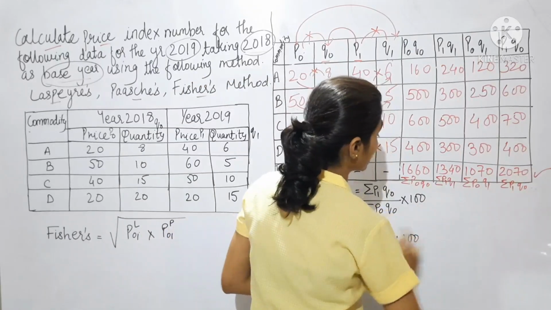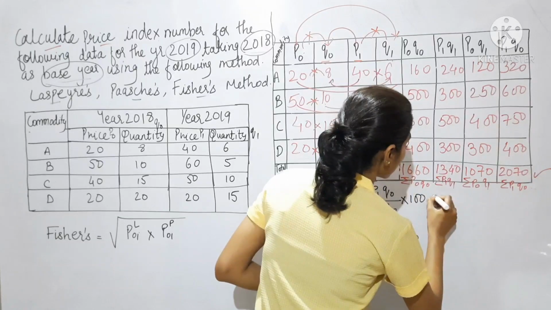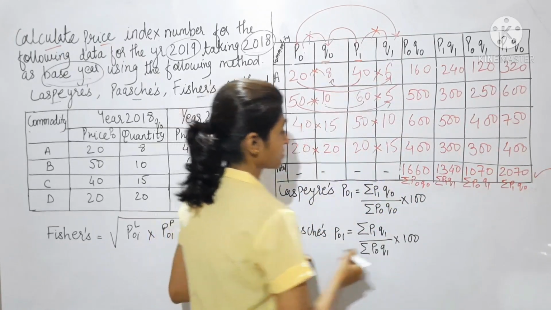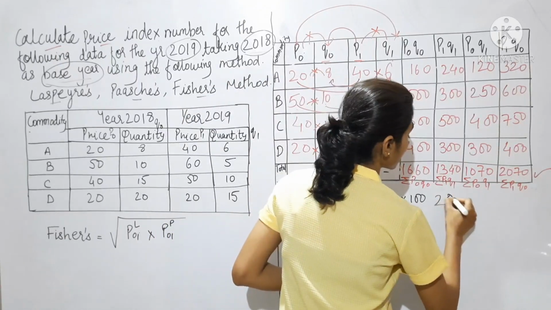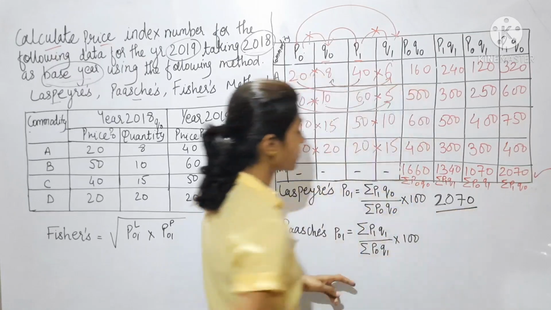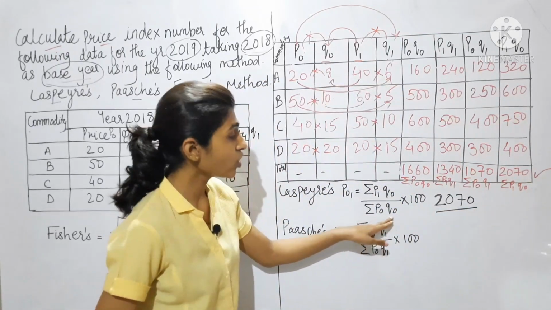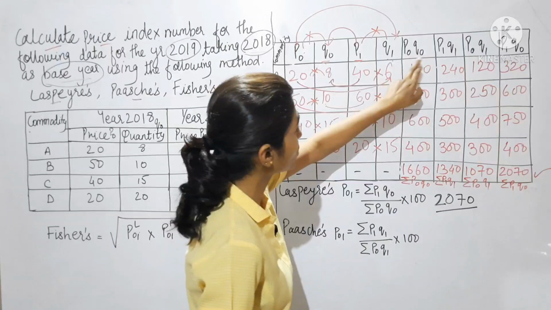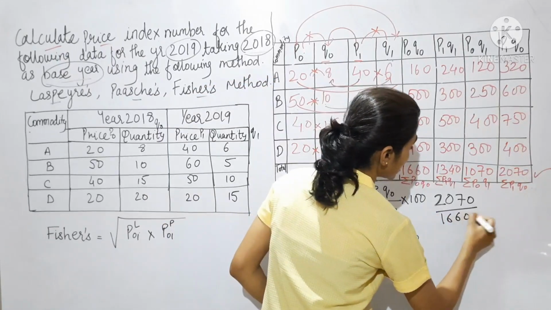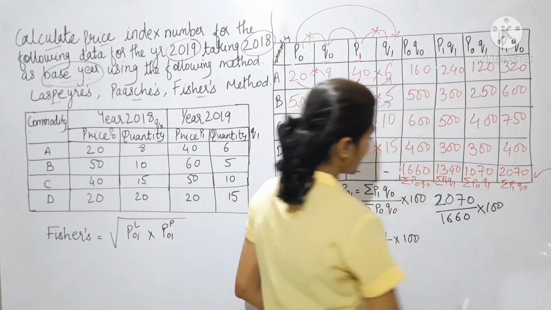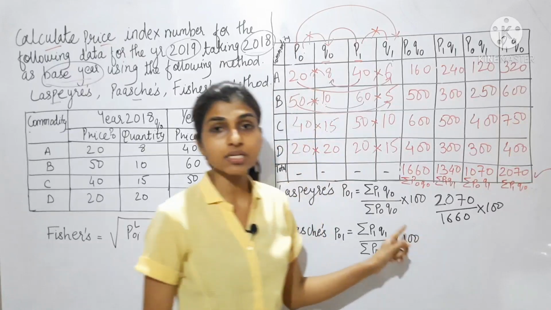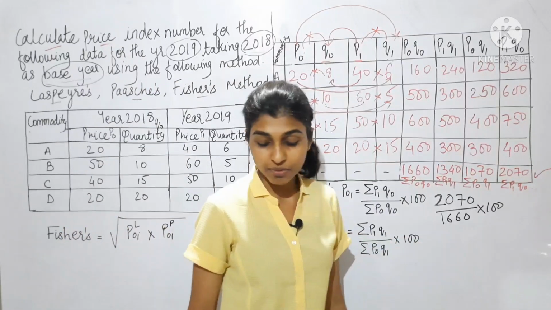Total is 2070, divided by summation of P0 Q0. Okay, where is P0 Q0? So total is 1660, multiplied by 100. So divide 2070 by 1660 and multiply by 100.